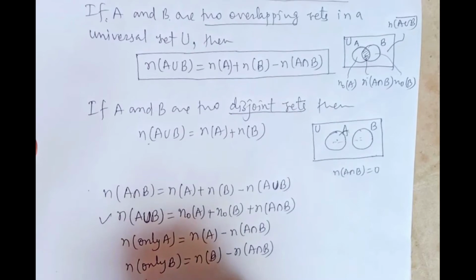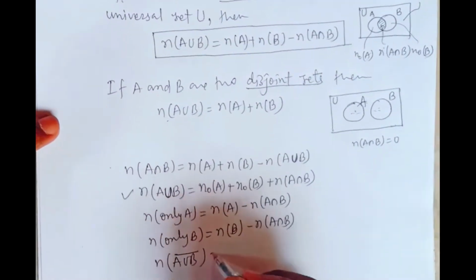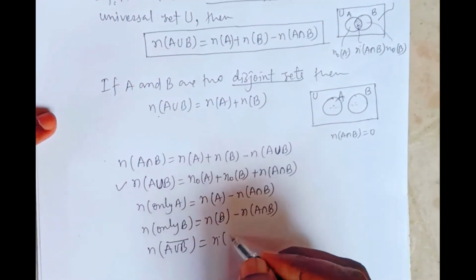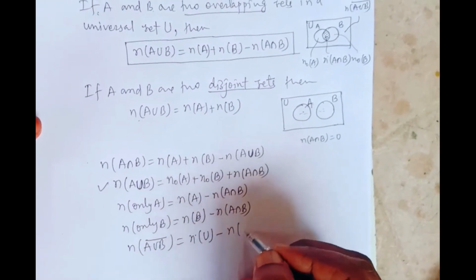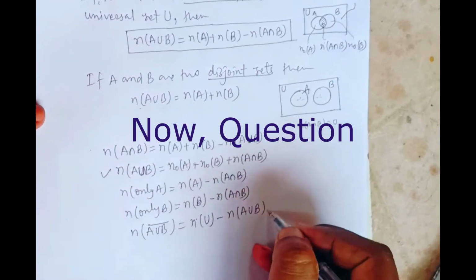N of A union B complement can be written as n of U minus n of A union B.